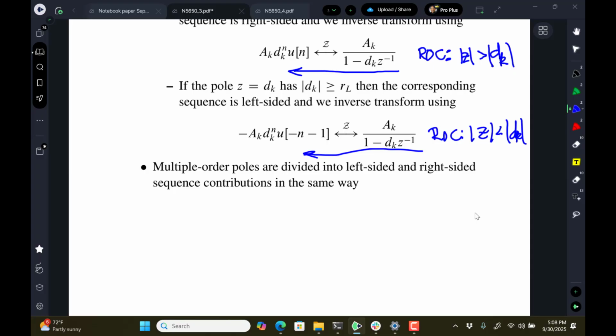There are problems floating around in all of this assignment where we have these scenarios, both right and left-sided.